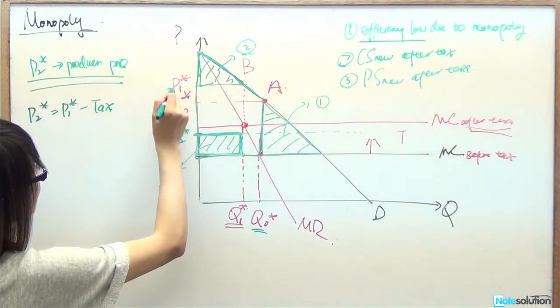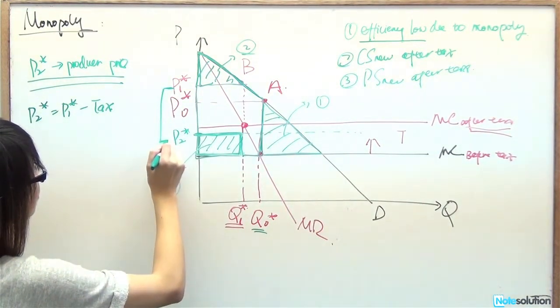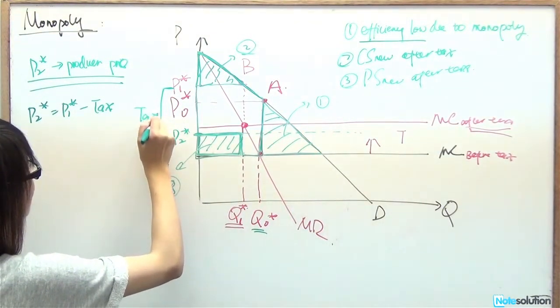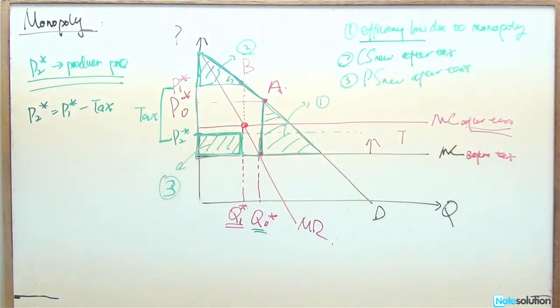And the distance between P1 and P2 is the tax amount. If the government levies a tax, there is a portion of the total gain to society that will go to the government as tax revenue.